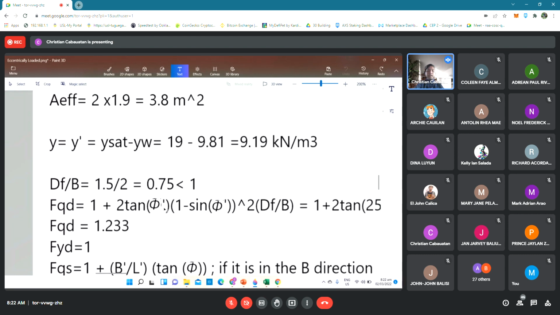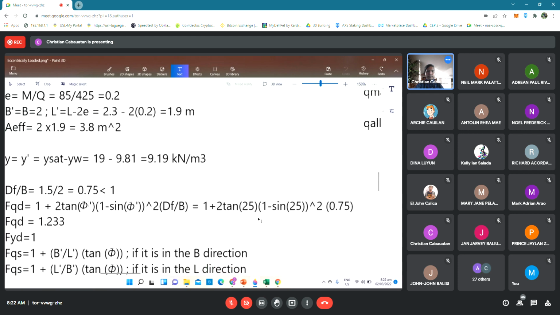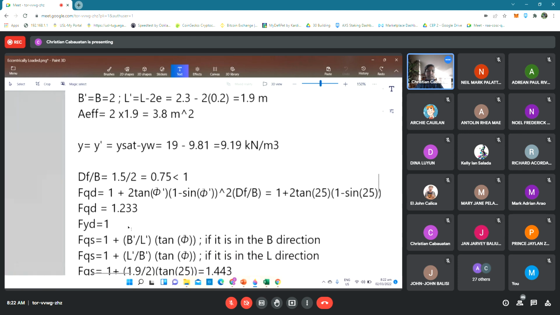If Df over B is less than 1, our Fqd is equal to 1 plus 2 times tan phi times (1 minus sine phi) squared, times the depth of our footing over B. Okay, and then solving for that, it would be 1.233.